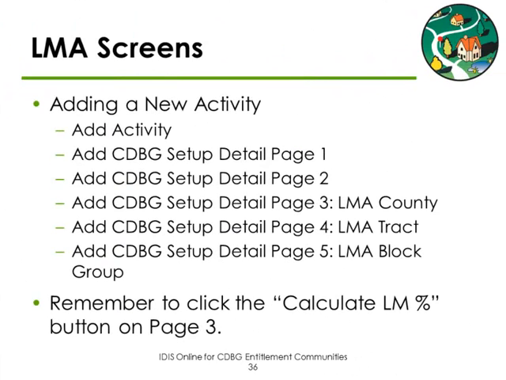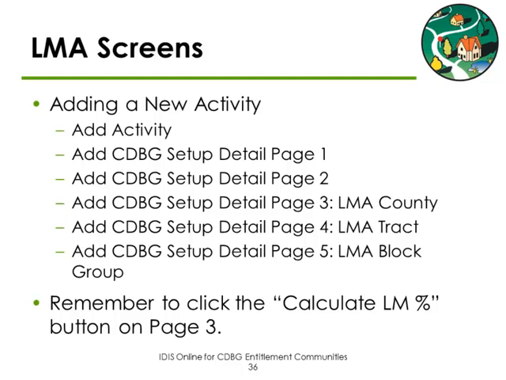Now we'll take a look at the LMA screens and what to expect. Adding a new activity, first you'll start out with a screen that everyone, regardless of the program area, will complete. And then we'll proceed down the CDBG screens that will require specific program area detail. For public facility or improvement activities, you'll notice that the detail page 3 requires the LMA area county.